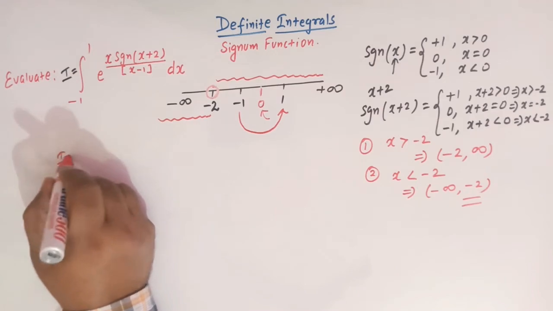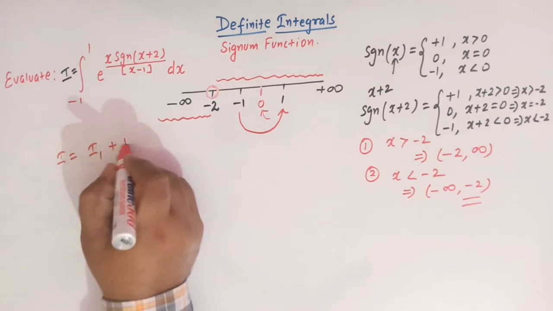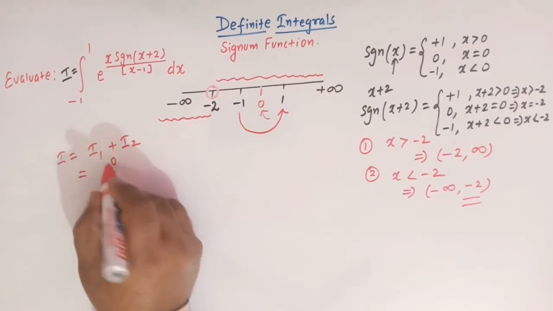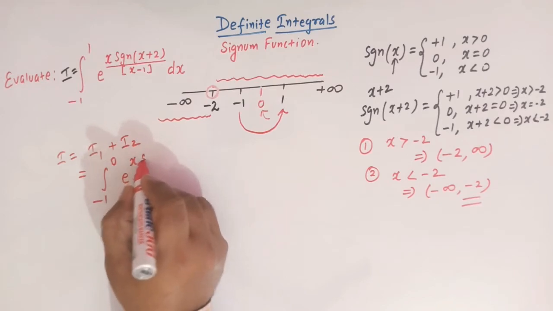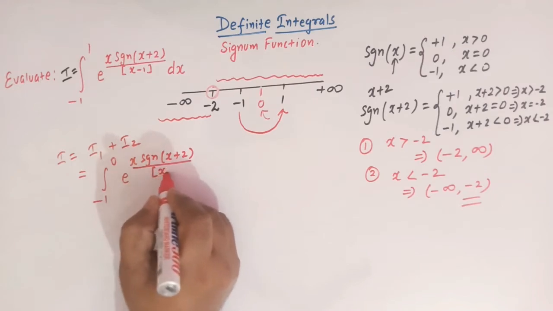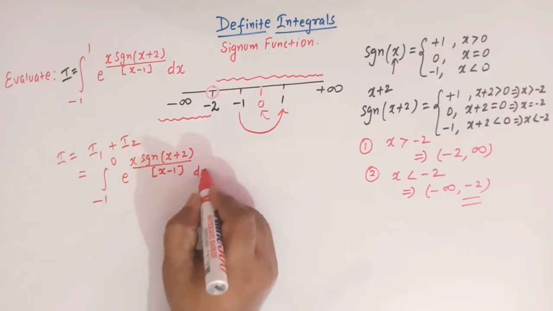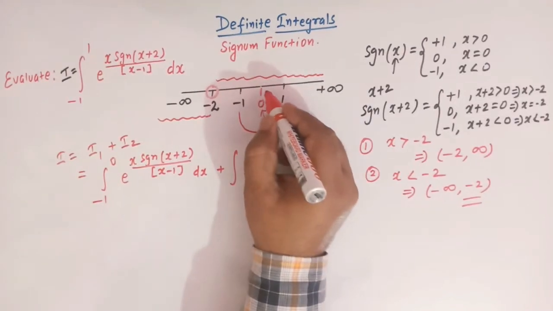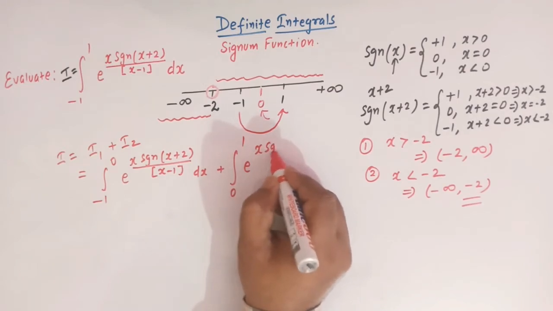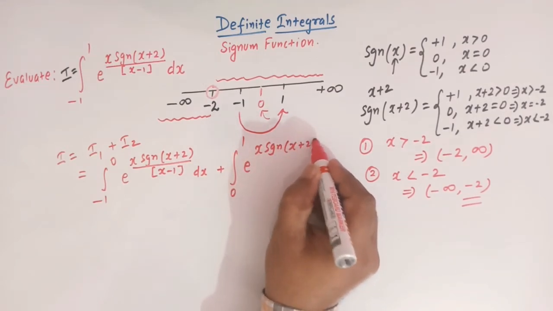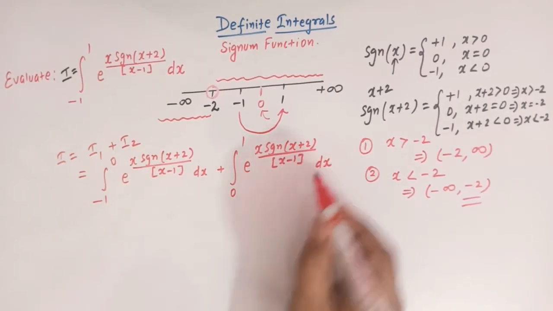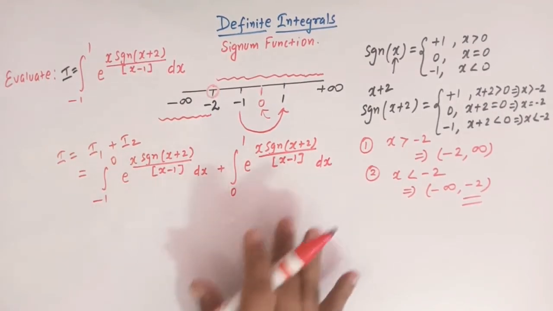I can be written as I1 plus I2, where I1 is from -1 to 0 of e raised to x signum of x plus 2 divided by greatest integer of x minus 1, and I2 is from 0 to 1 of e raised to x signum of x plus 2 divided by greatest integer of x minus 1, right? Okay, so now we have these two integrals.